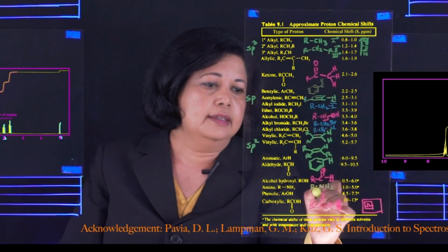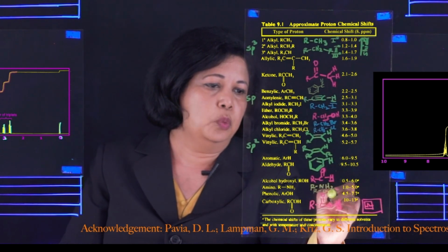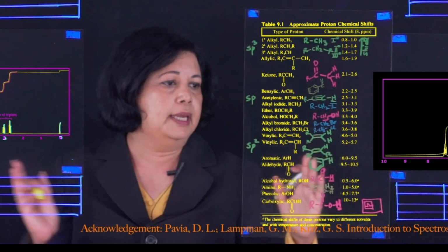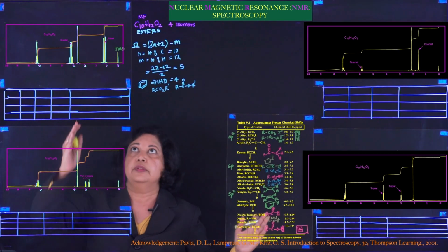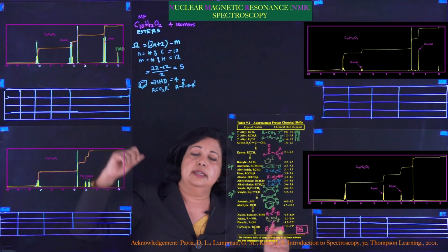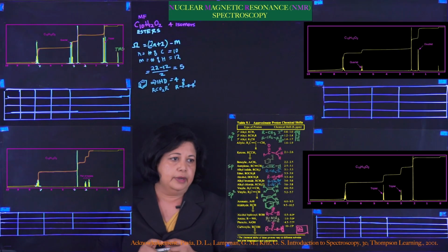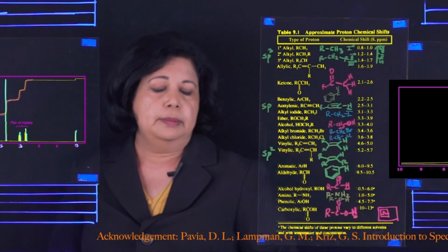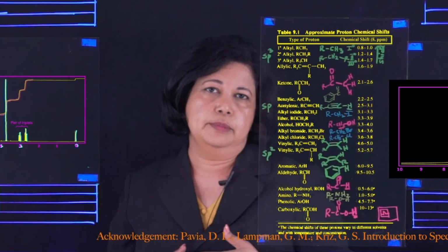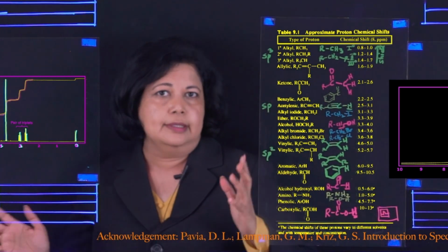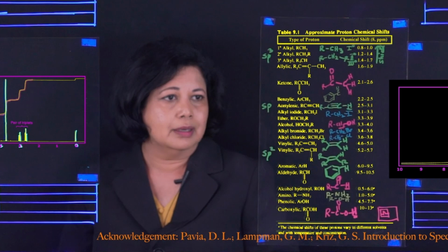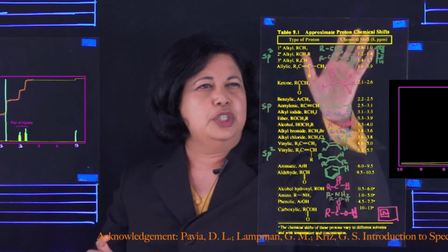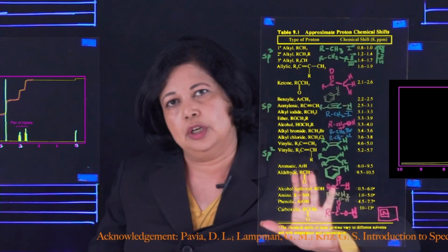So these are two kind of wild cards. They can pop up anywhere between this region and this region. And typically they're broad, so it's easy to identify them. Even the carboxylic acid hydrogen, anything on an OH or NH, typically are broad peaks, but you can get them to become narrow by changing the dilution, purity, and so on. So this is just a walk through this chart here.